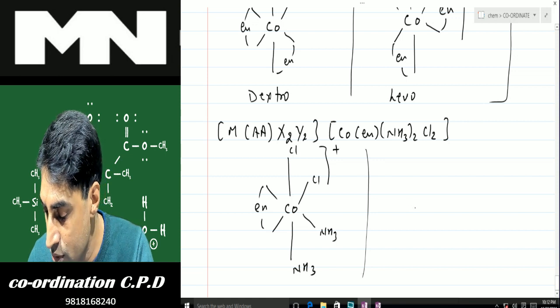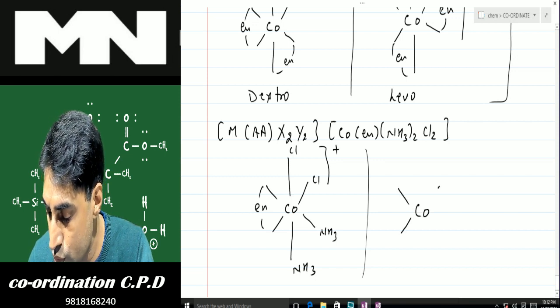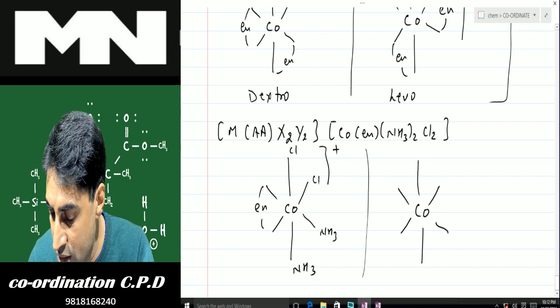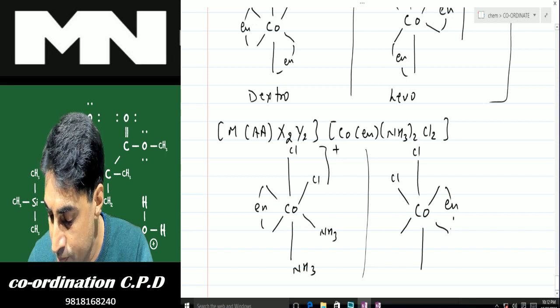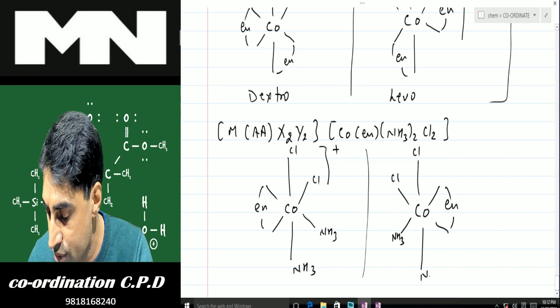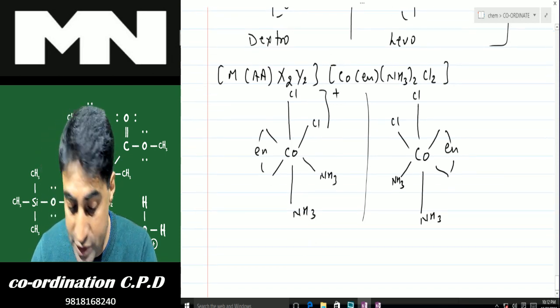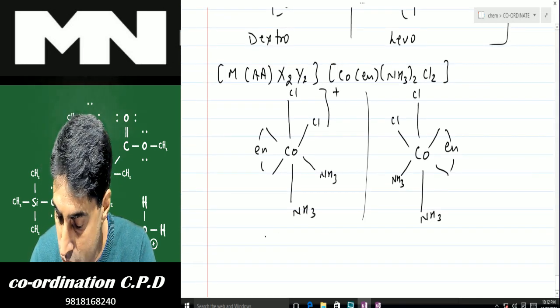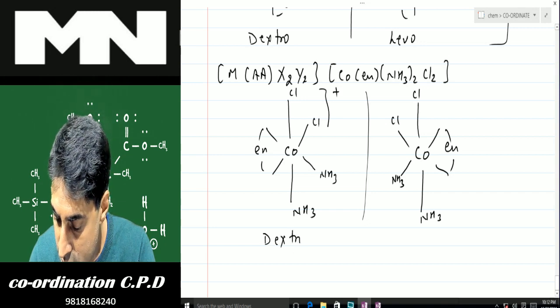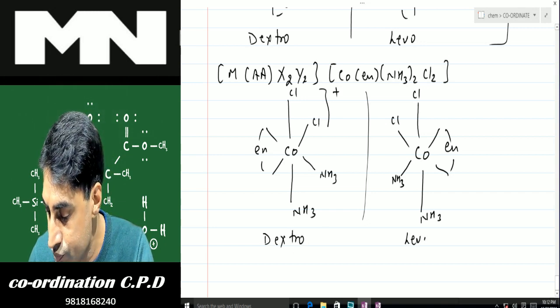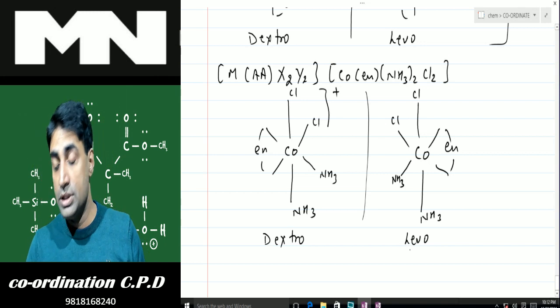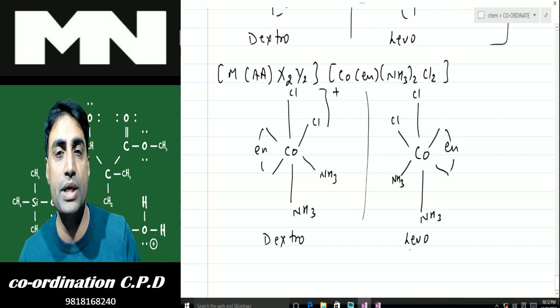The mirror image of this compound: Co with positions 1, 2, 3, 4, 5 and 6, you'll have Cl, Cl, ethylene diamine, NH3 and NH3. So if the first one is dextro, the second one is levo. So this is all about their optical isomerism.